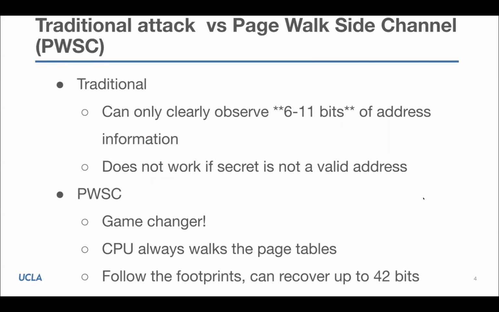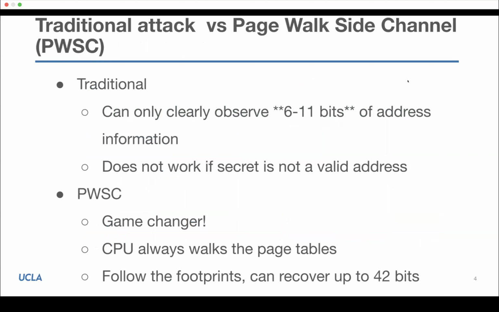We also need to know the difference between traditional attacks and the page walk side channel. Traditional attacks, like prime and probe, only leak about 6 to 11 bits of the address, and they only work if the secret is a valid address. But PWSC is not the same.